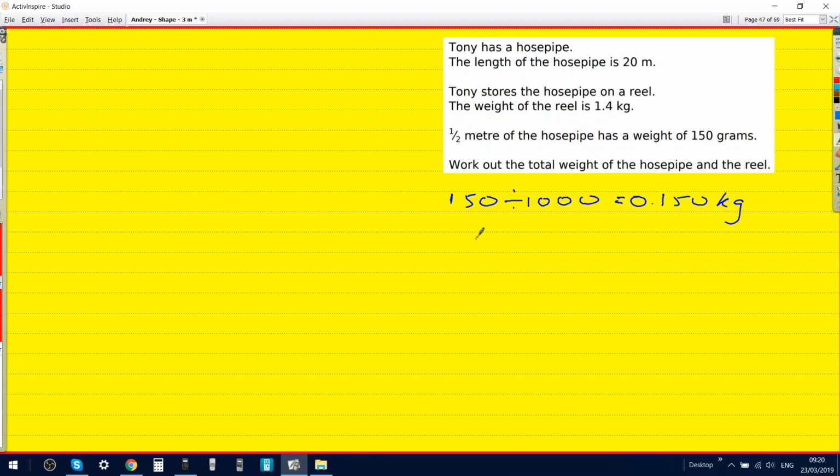And then do I times 0.15 by 2? Yeah. Oh, wait. No, do I times it by 40? Sorry. By 40. Yeah. And then do I add that answer to 1.4?